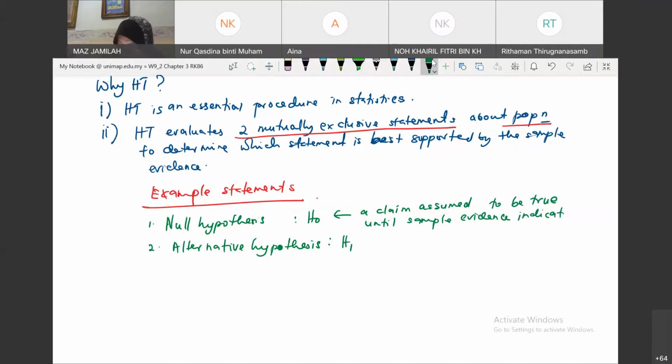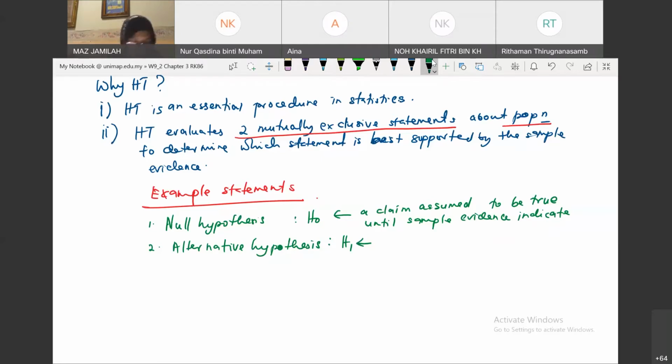This is like being in court: someone is found guilty only after the evidence says so. This is somewhat similar in hypothesis testing, which is why people sometimes compare it to a court case. So H0 is a claim assumed to be true until the sample evidence says the other way around, meaning it proves that the statement is wrong.